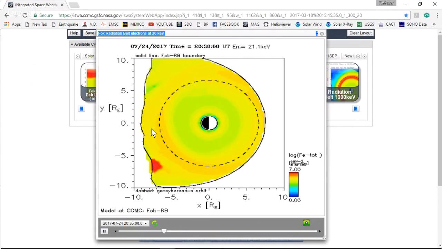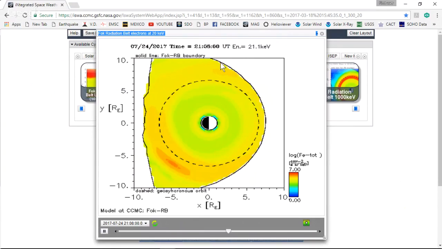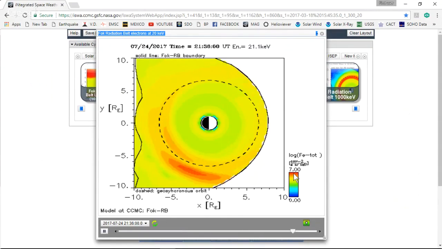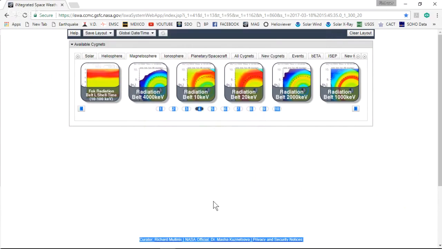Folks, we've all seen this before, where the entire satellite belt is completely engulfed, and then the entire region completely engulfed in the deep color red, which is pretty close to off the chart. So things seem to be kind of normal at the moment.